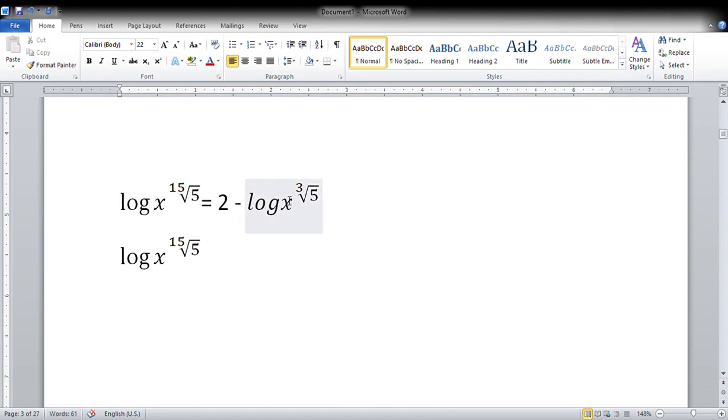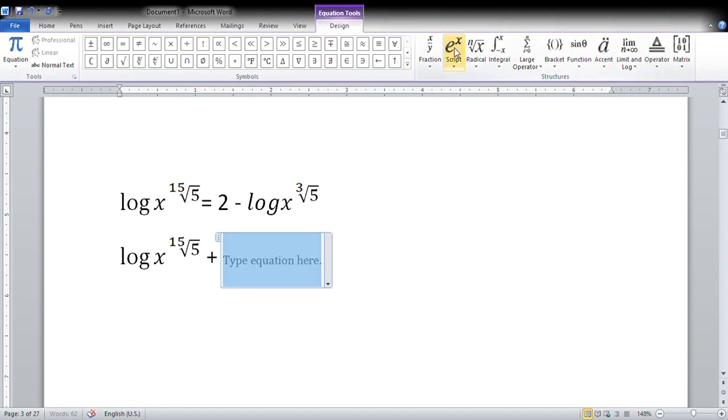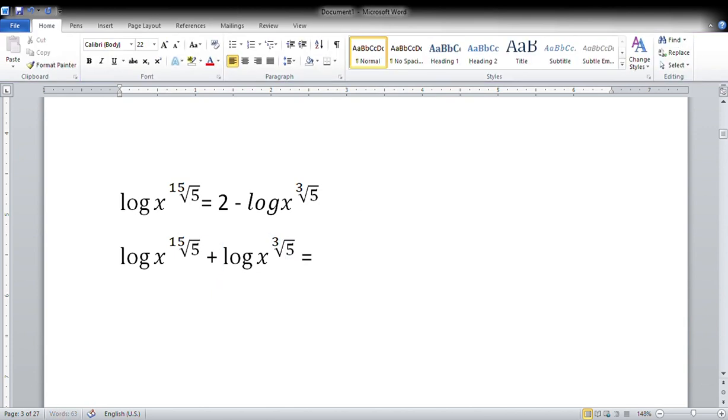So we can write log x with the base 5 root 3 is equal to 2.